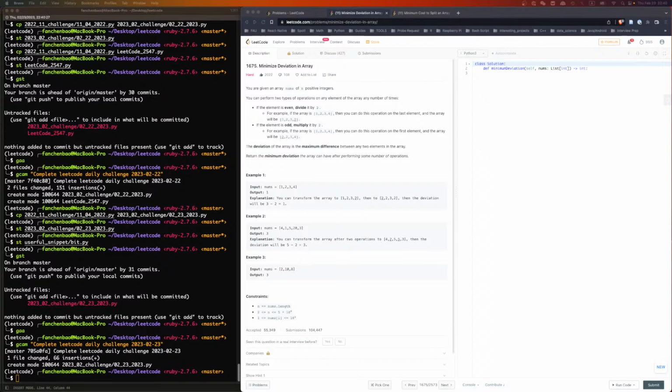If I get the smallest out, now if the smallest is an even number, then there's nothing we can do, right? There's nothing we can do if the smallest is an even number. Maybe we can pop the smallest out. If it's an odd value, we'll multiply by 2.